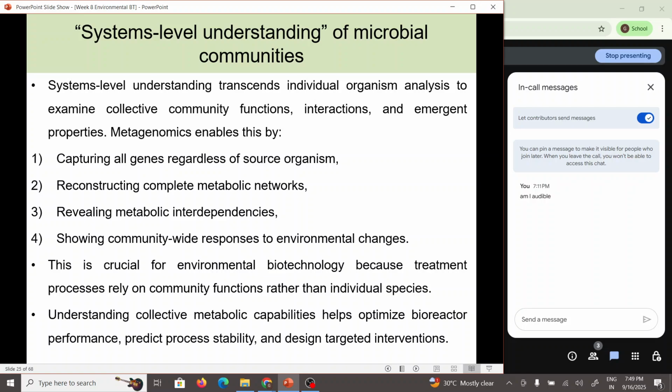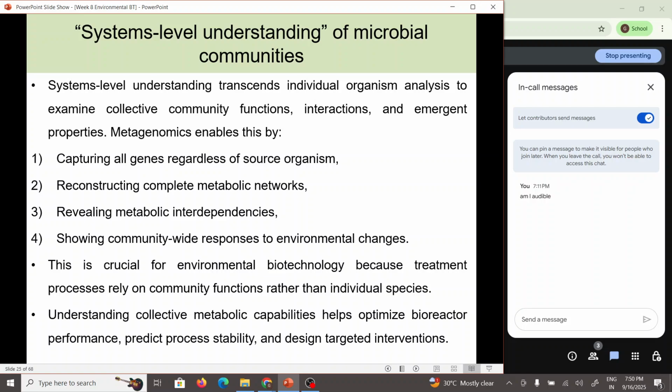So in this case, we are not very much concerned about each of the individual microorganisms' reaction, but on the other side we are concerned about the total reaction that the community is giving to the particular environmental change. So based on the reaction from the entire microbial community, we will be able to design our treatment processes, like activated sludge process or anaerobic digestion process.